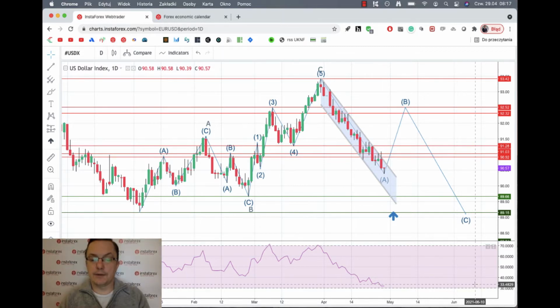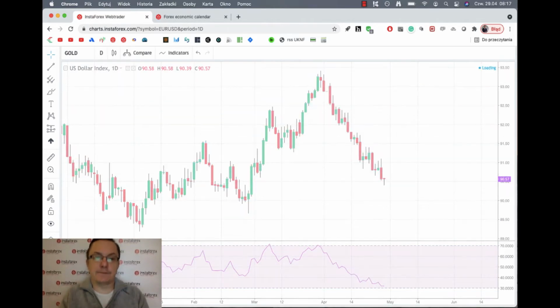The level of 30 points had almost been hit here, so we are waiting for a bounce, and this bounce is reflected here on the chart by the wave B. So right now wave A is about to be completed, and we are waiting for a bounce from the oversold condition in wave B. So that's the US dollar index.